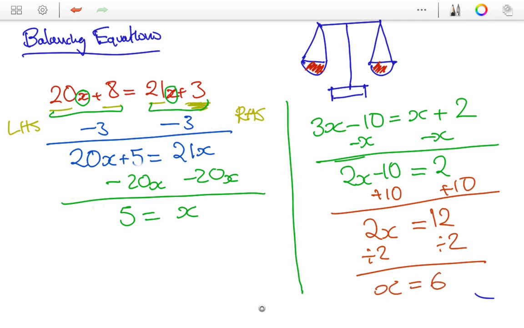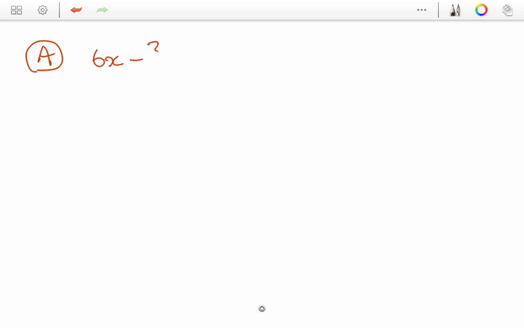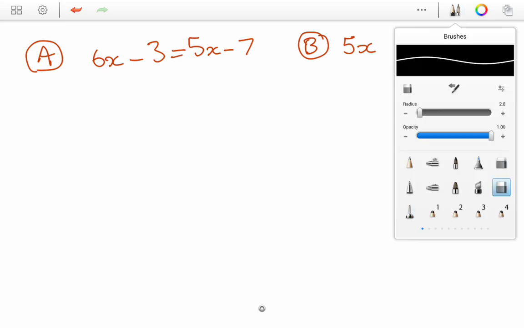Okay? Here are 2 more for you to try. So let's do question A. Let's have you trying to work out 6x minus 3 is equal to 5x minus 7, and B. Actually, no, let's make it much more difficult.